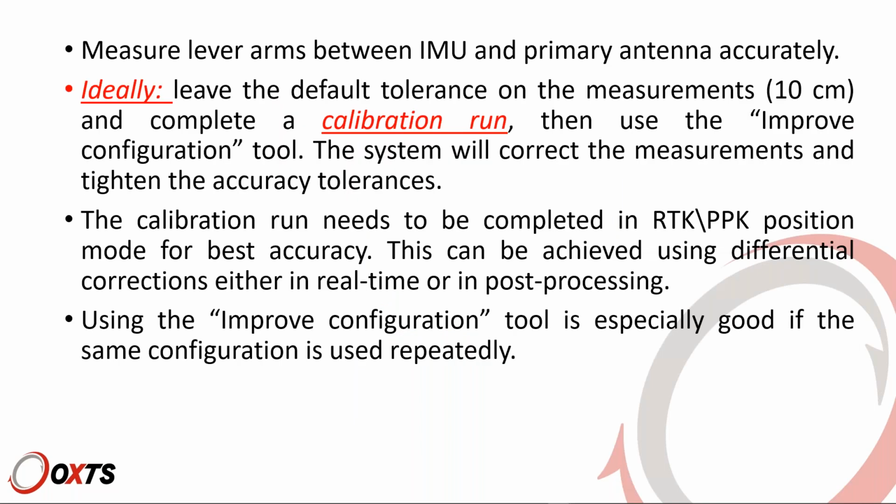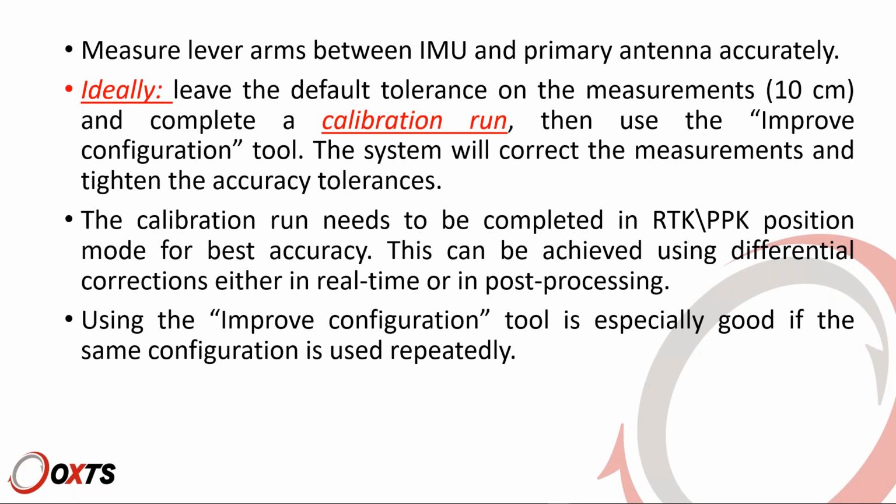Configuring the INS basically means putting in the lever arms: the distance between the IMU and the primary antenna, then the distance between the primary antenna and the secondary antenna, and also the orientation of the IMU, how it is mounted in the drone. So the idea is that you need to measure all of this and tighten down the accuracies of these measurements.